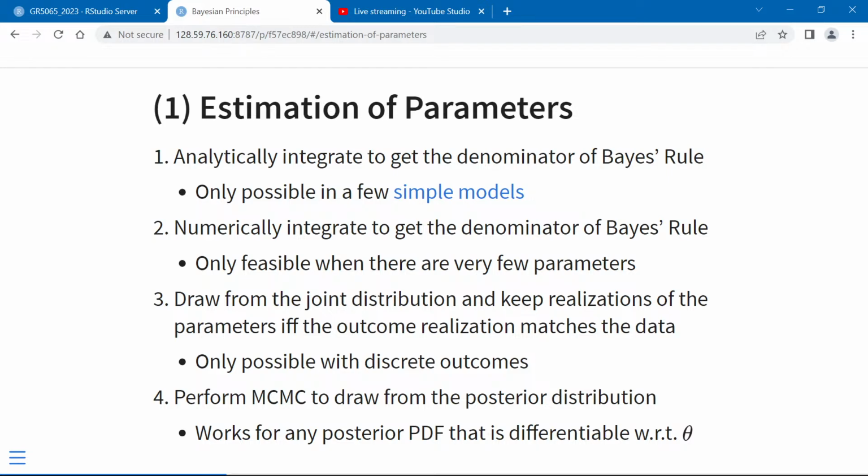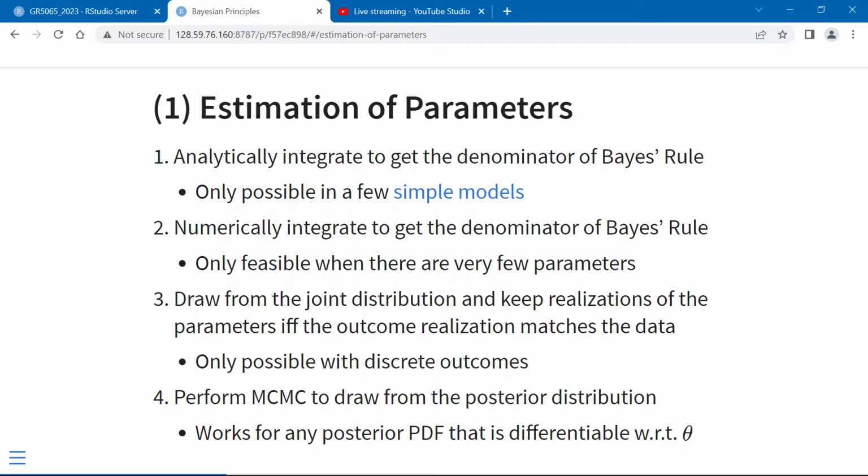It's not an accurate way of computing definite integrals when you have to do a multivariate integral across many unknown parameters. And so 2 is more general in a sense, does not require any real strong conditions about what distributions you use, but it's limited in the sense it really only applies when there are a few parameters.